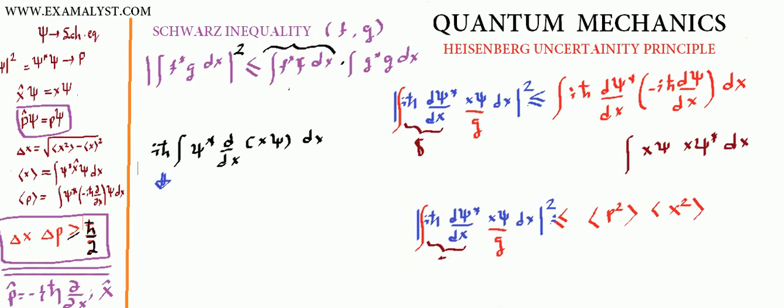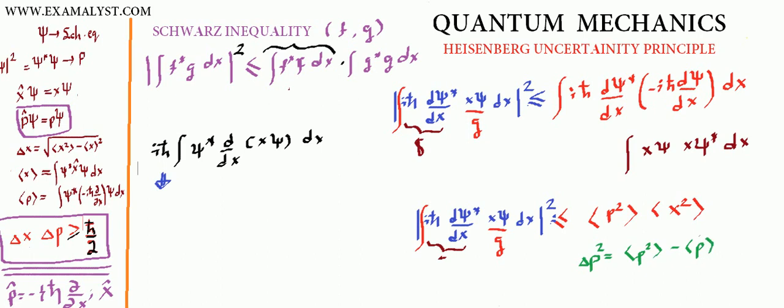Now you'd ask, what are we doing? Remember what your uncertainty in p is. The uncertainty in p squared is the expectation value of p square minus the square of the expectation value of p.